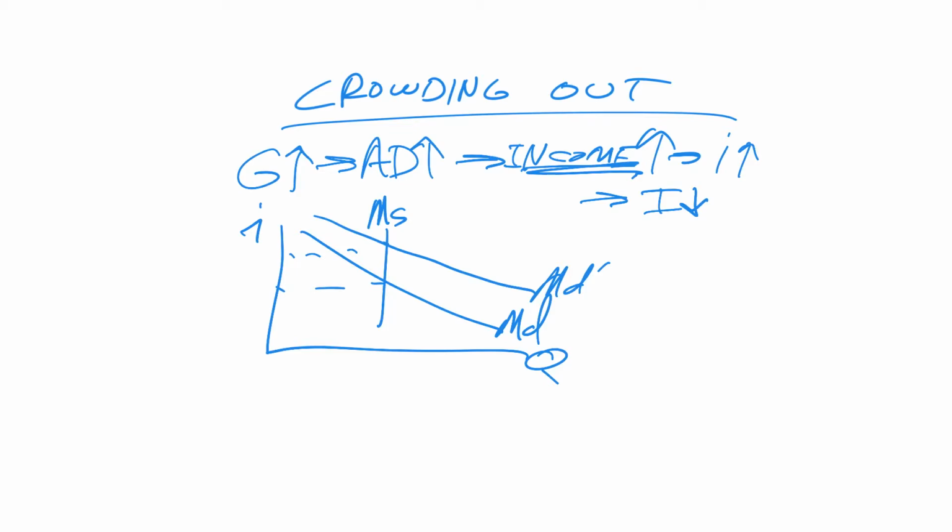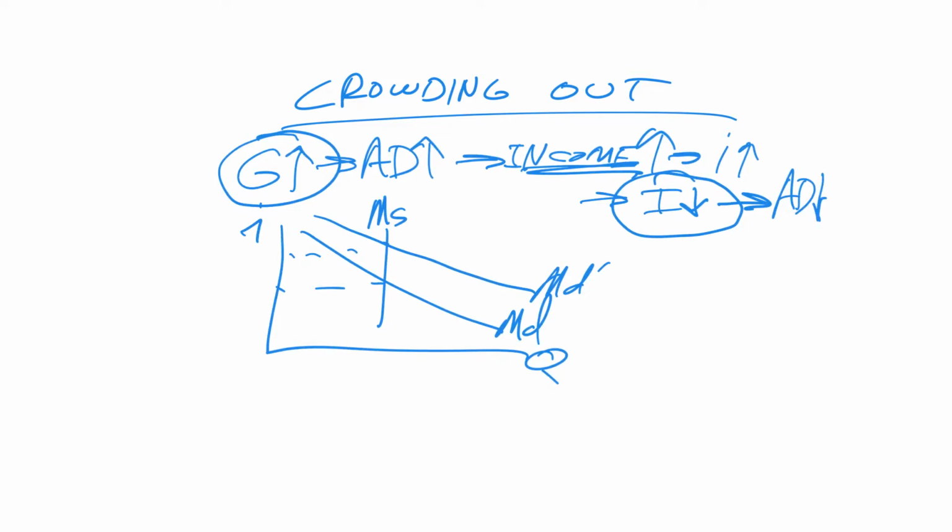That is to say that the government increased spending here will crowd out capital investment there. So that last little bit, the decrease in investment, will cause aggregate demand to fall.